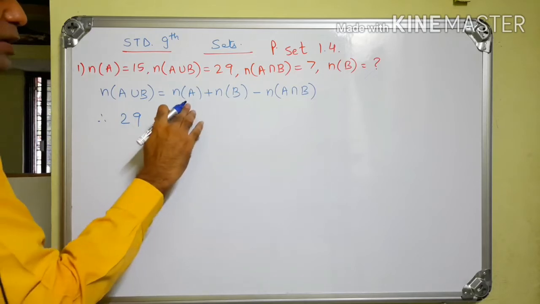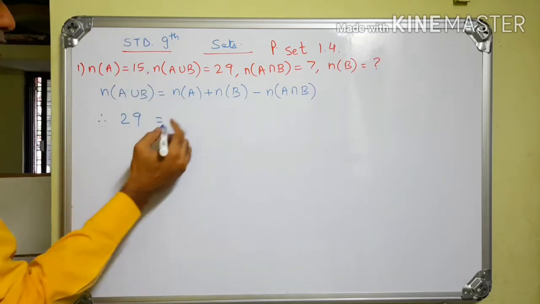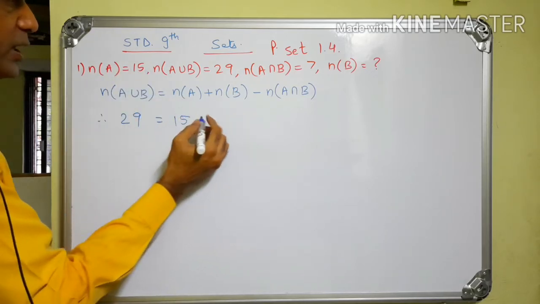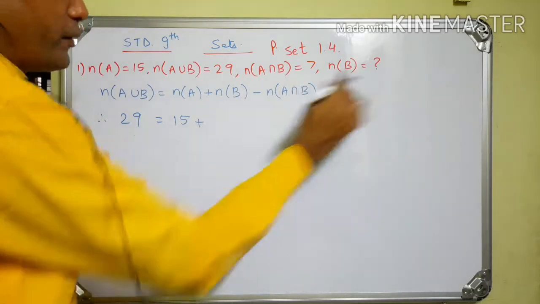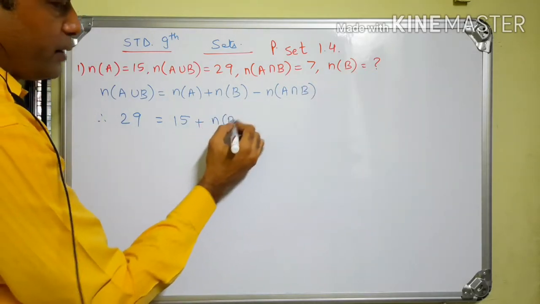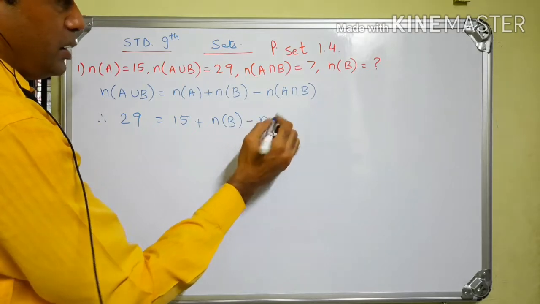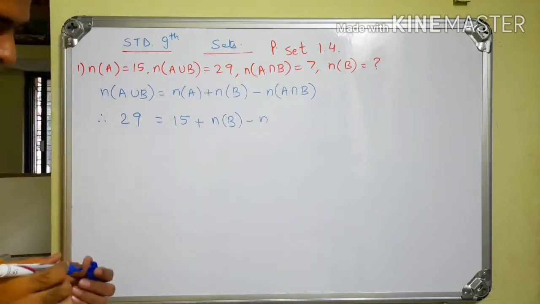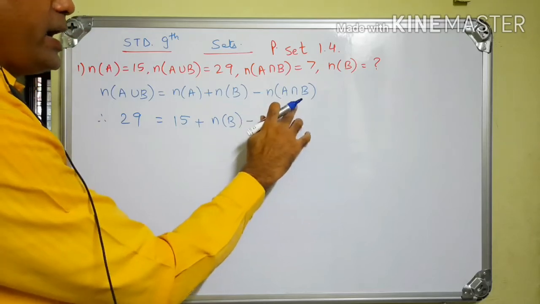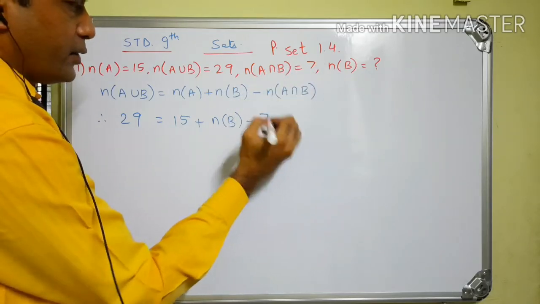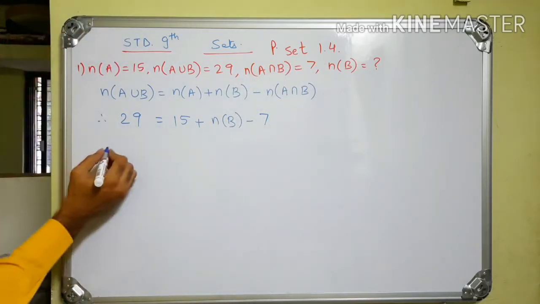So 29 equals, is n(A) given? Yes, this is 15, plus n(B), that we have to find, minus n(A intersection B), which is 7. So here we write 7.